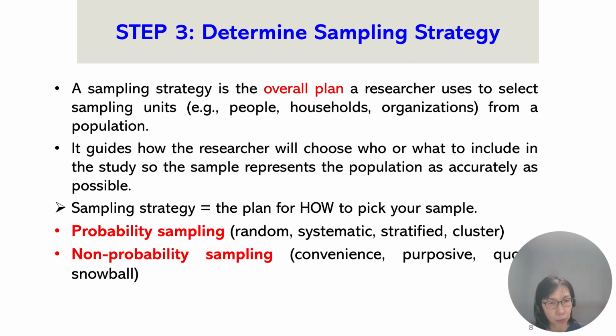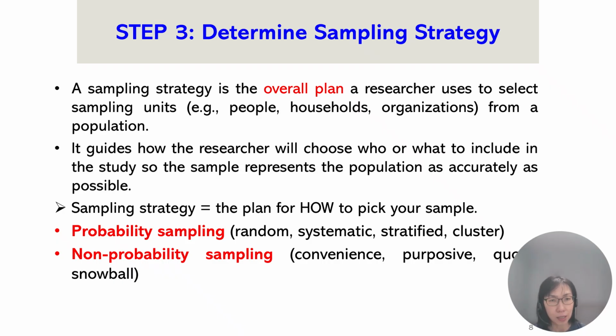Let me explain. After we determine the sampling frame, the next thing we need to do is the sampling strategy. The sampling strategy refers to the plan you are going to use to choose or pick your sample.